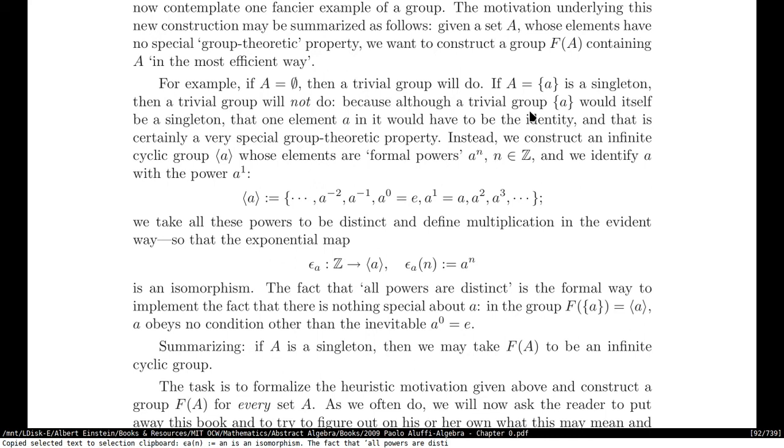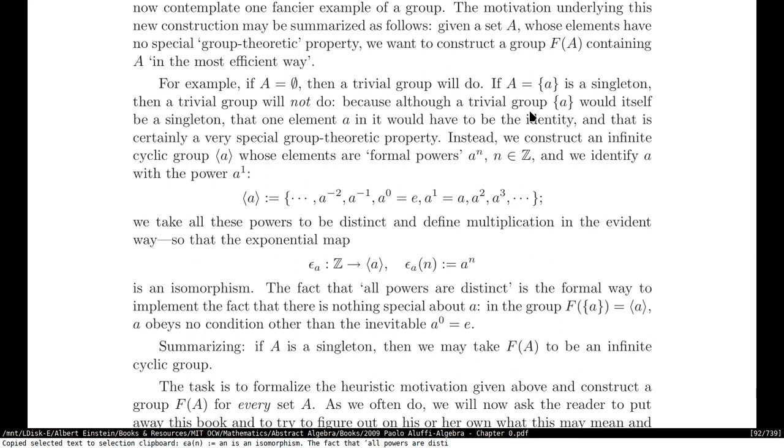Right, so this was what I was saying in the sense of free groups before, like you just blindly take elements and then you combine them. So what this means is that the powers are distinct, but there is nothing special about taking each element.